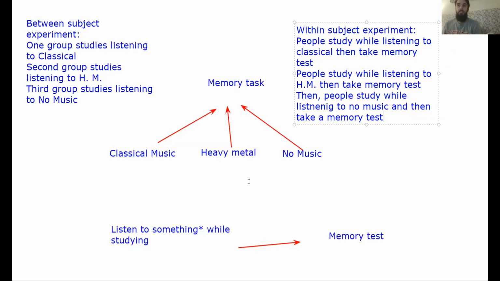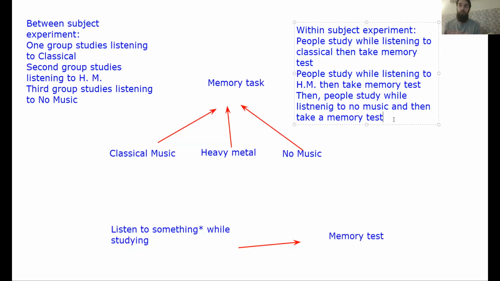And because this study could be run either as a between subject experiment or a within subject experiment, there are two flavors of ANOVA that we could talk about, which might make sense because with t-tests, there were two flavors of t-tests depending on whether the study was between subject or within subject.